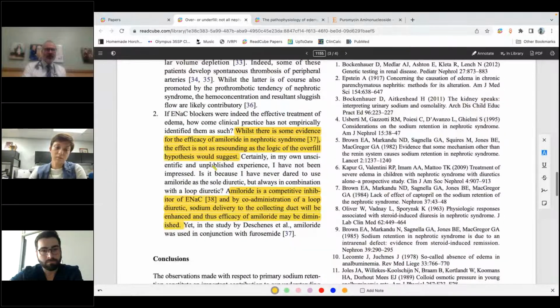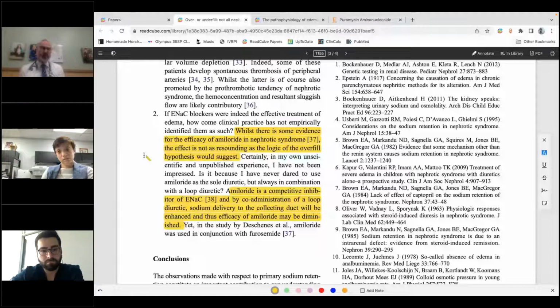So the second paper did suggest that, well, if this was so true, then why shouldn't amiloride be the drug of choice for treating nephrotic syndrome? And they cite that there's really only one study that we have in people that was evaluating it. There are individual case reports, and in this study they used furosemide as well too.